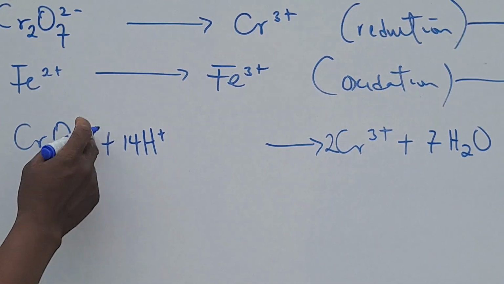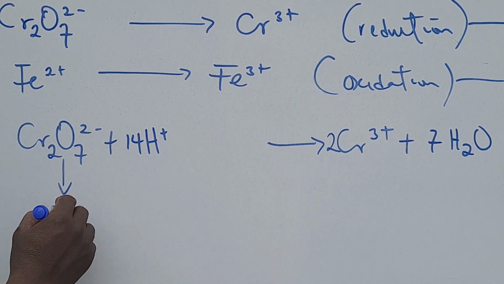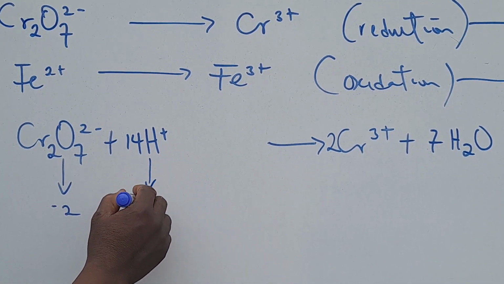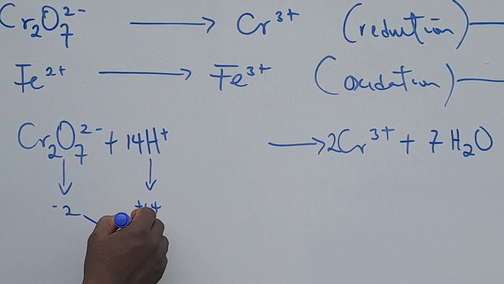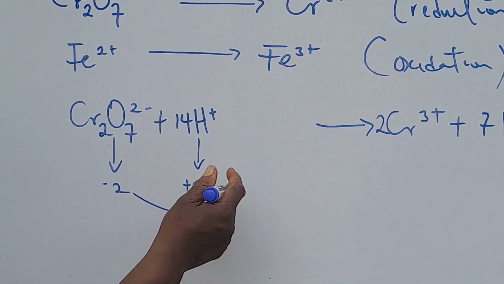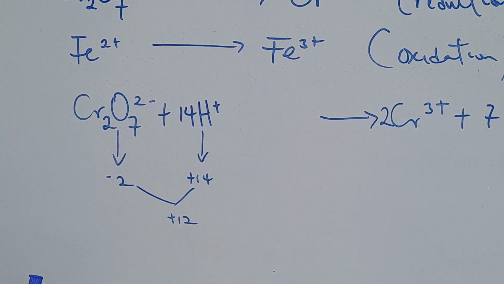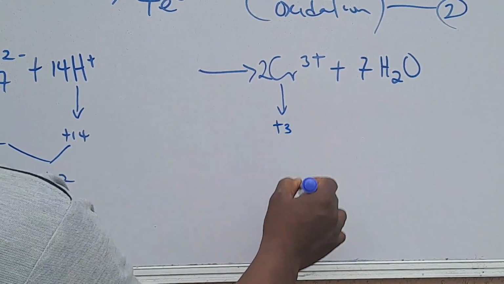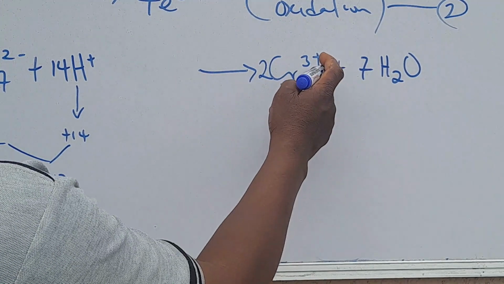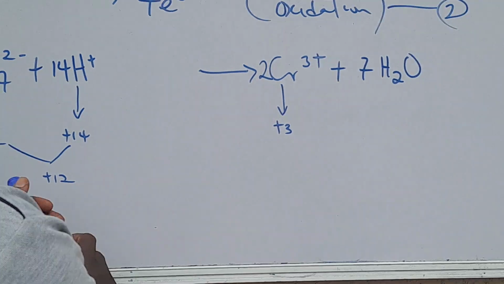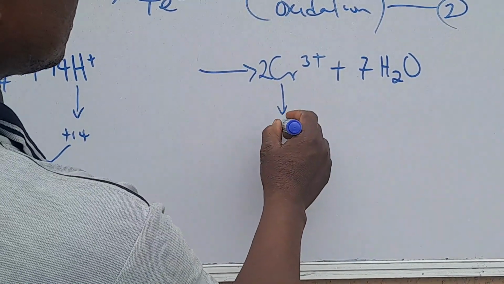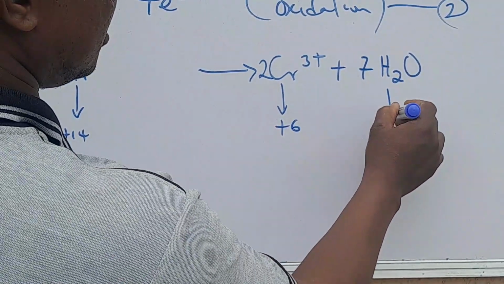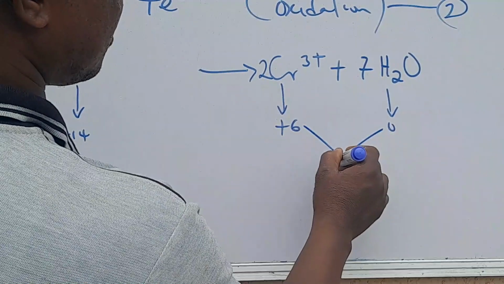The ion is minus 2 times the coefficient, minus 2, plus 1 times the coefficient, plus 14. Wow, large number. So at the reactant, we have plus 12. Let's check the product side. We have plus 3 times 2, that's giving us plus 6.